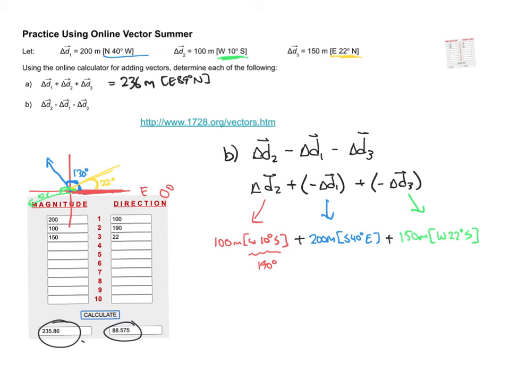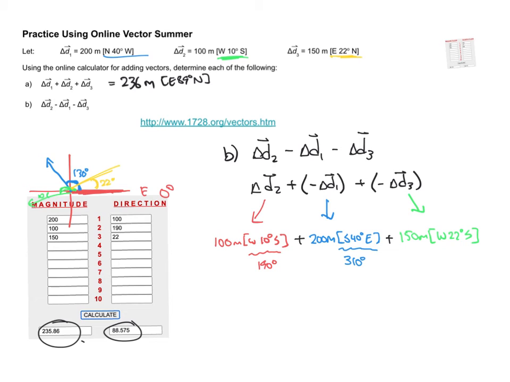For south 40 degrees east, south is already at 270 degrees. And then I continue 40 more degrees towards the east, which is counterclockwise. So it's going to be 310 overall.